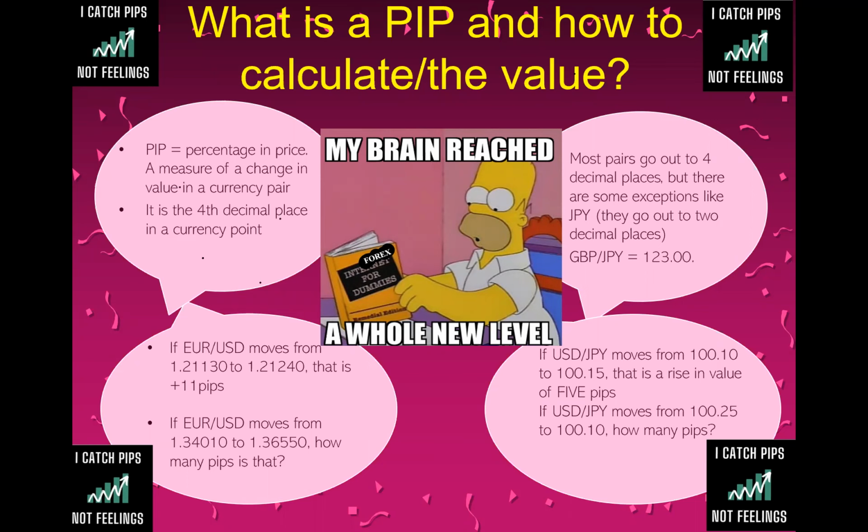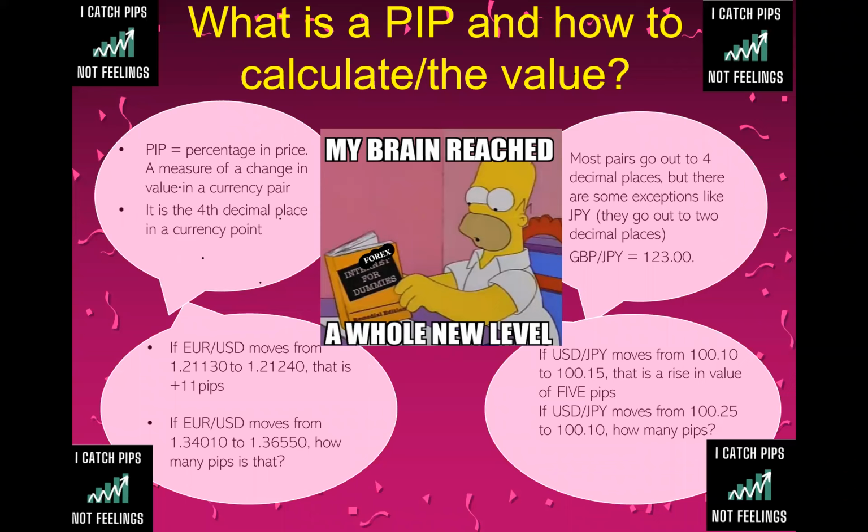If USD JPY moves from 100.25 to 100.10, how many pips does that give you? 15 pips. Yes, down. 15 pips, exactly. Femi, does that make sense? Yeah, 25 minus 10. Yes.